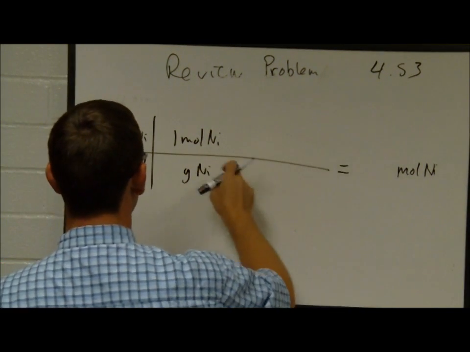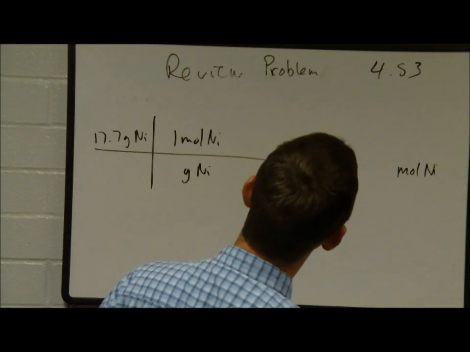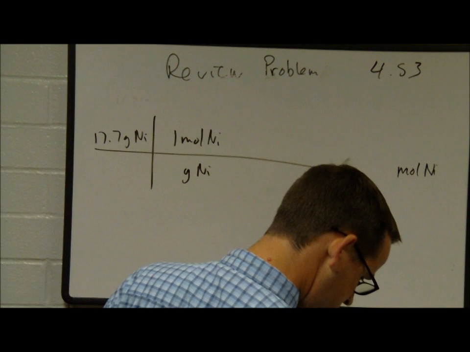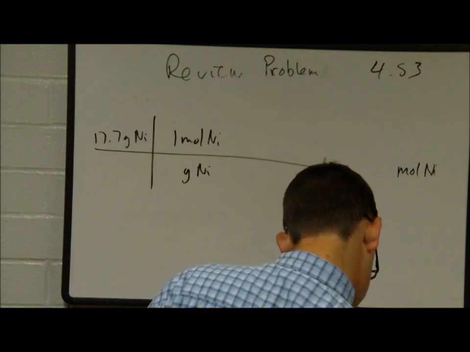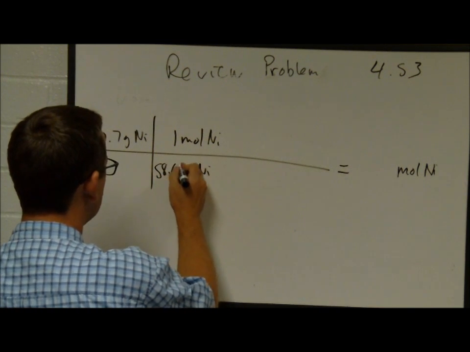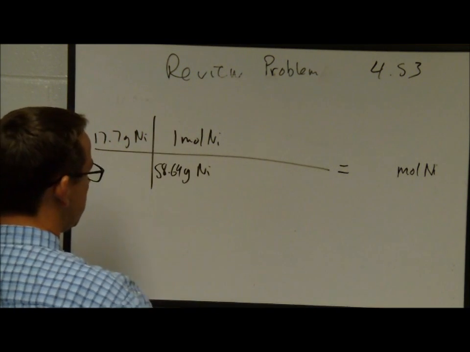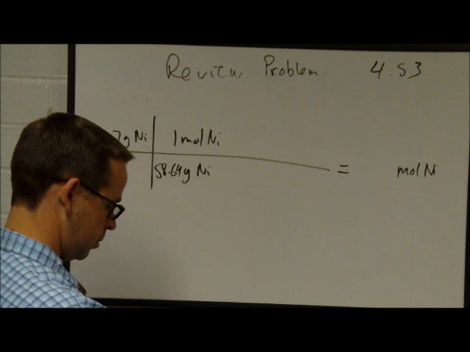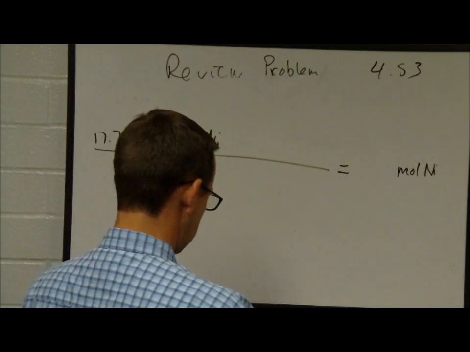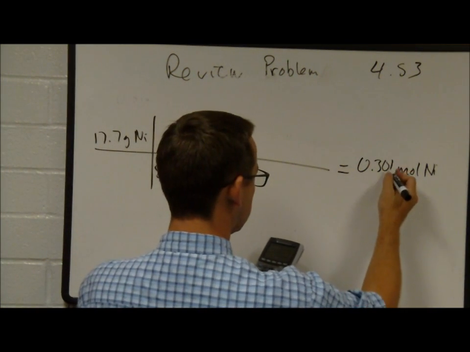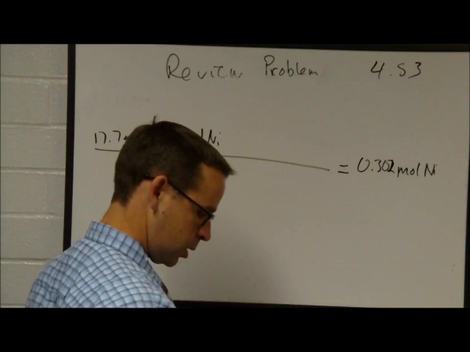We want to go from grams to moles. So just double check here. How many moles of nickel are in 17.7 grams of nickel? We can look for nickel and see that it's 58.69 grams for every mole. So 17.7 divided by 58.69 is 0.301 moles, or 0.302 if you round it right, moles of nickel.